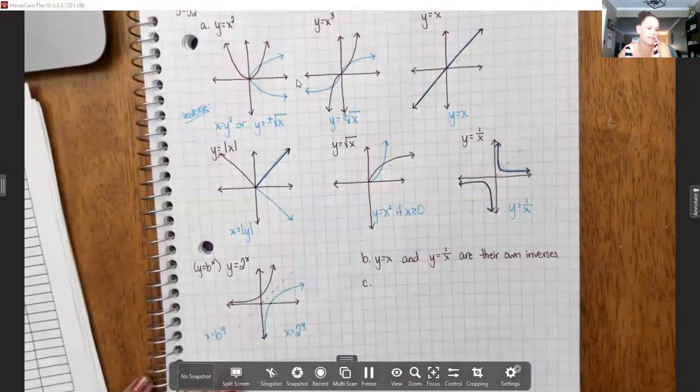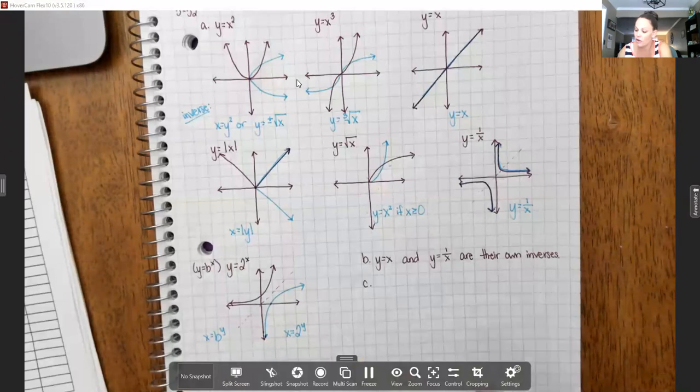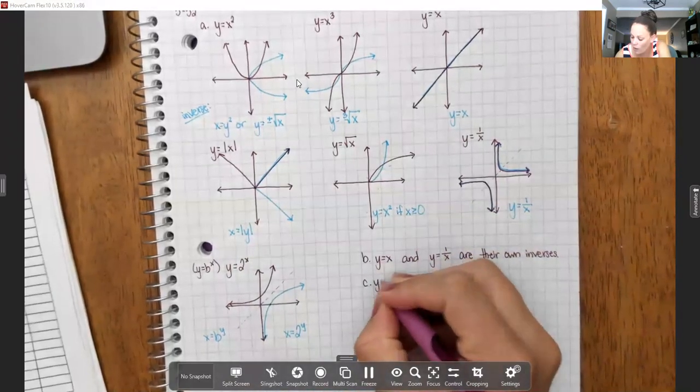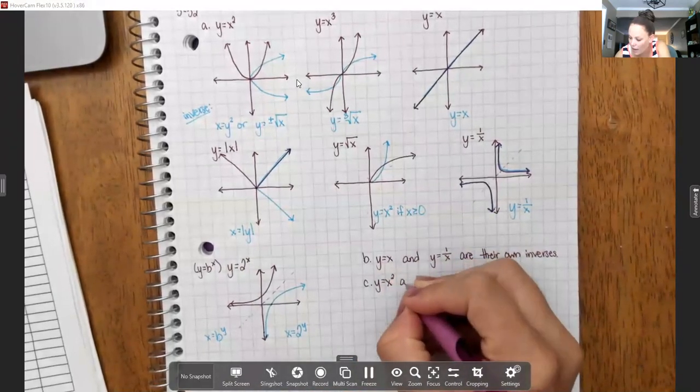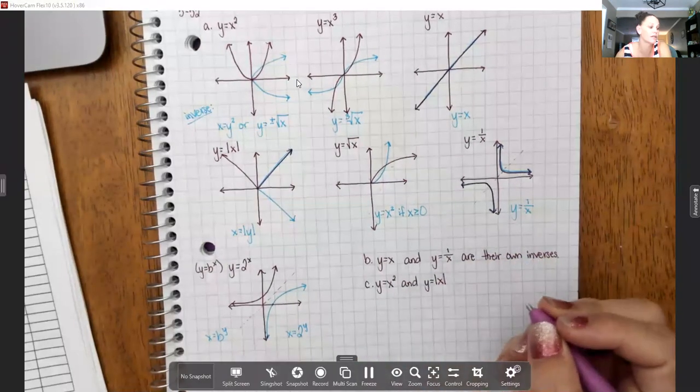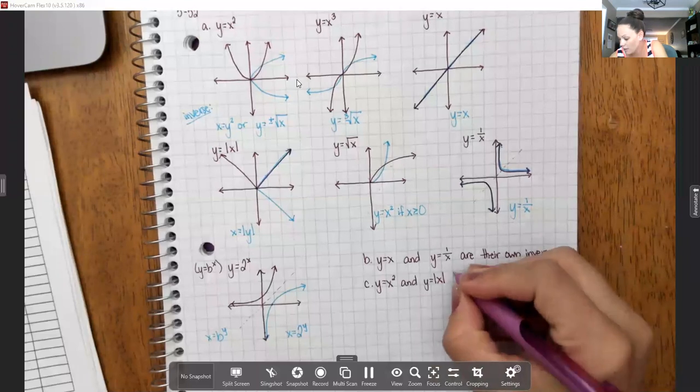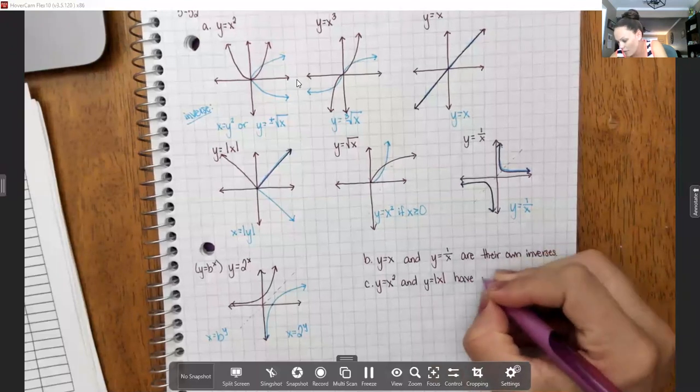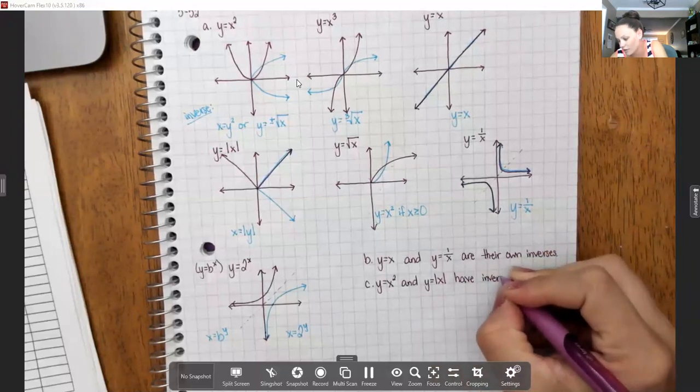And then for C in the book, it says, do any parent functions have inverse graphs that are not functions? So y equals x squared and y equals the absolute value of x have inverse graphs that are not functions.